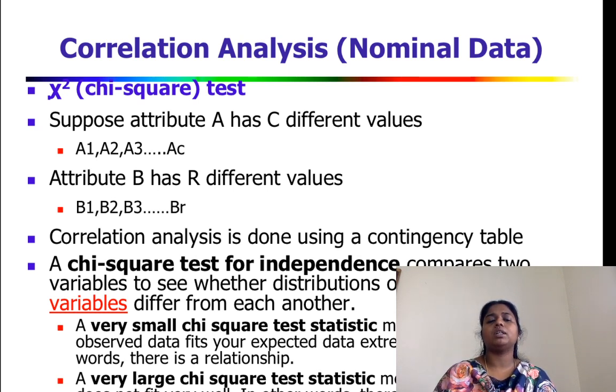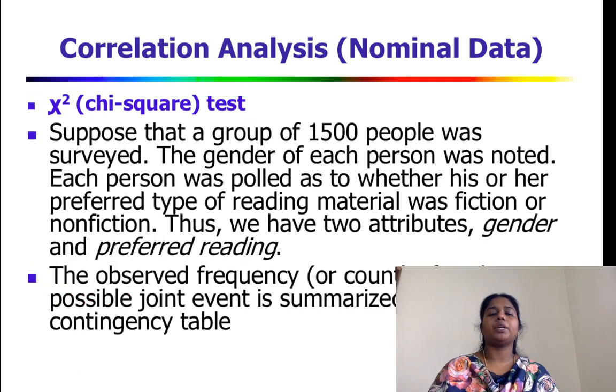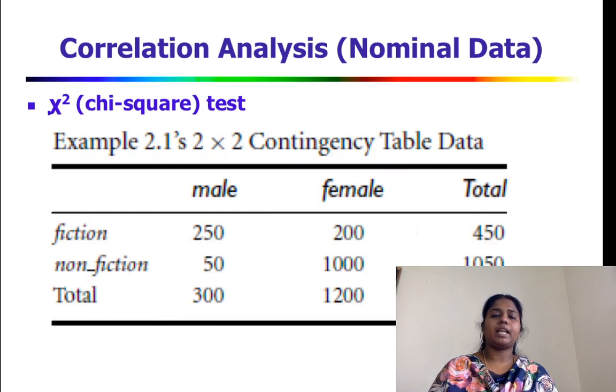If I do the chi-square test, you get a value called the chi value, and if the chi value is very small, then it means that the data is correlated. If the chi-square statistic is very large, then they are not correlated to each other. So here is an example.